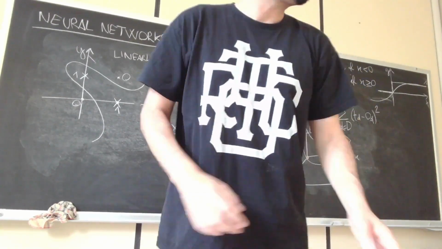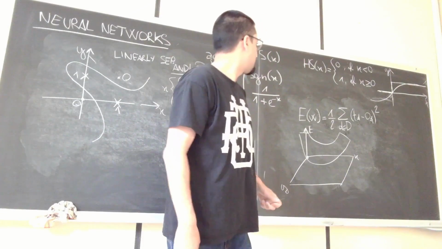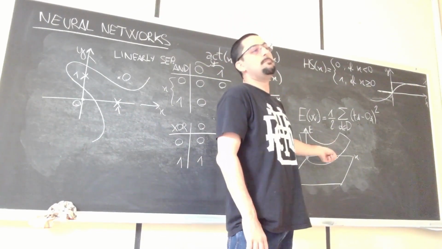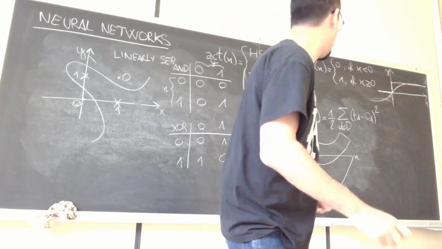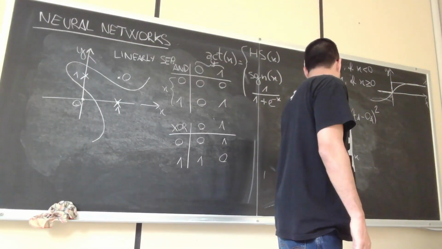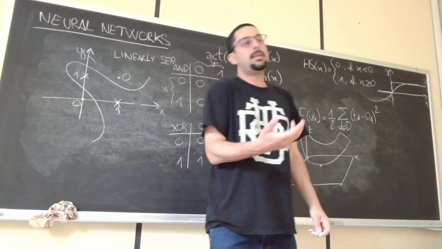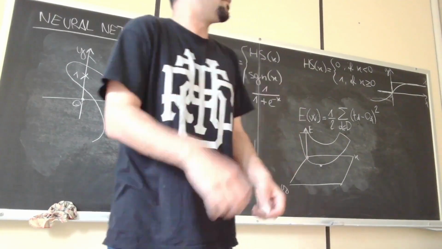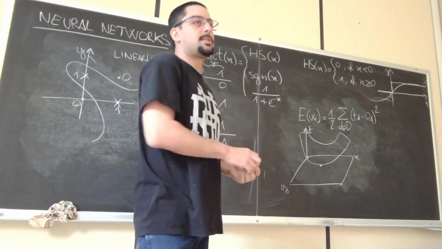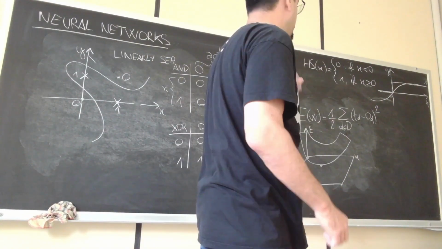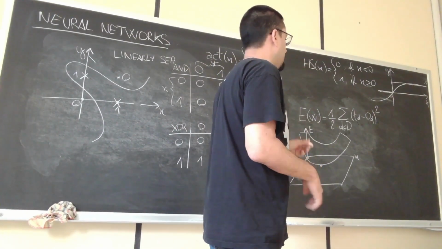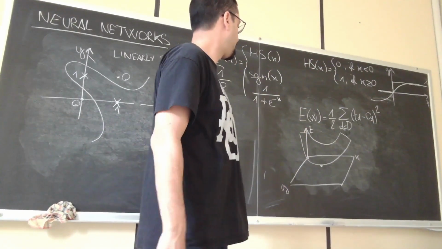Since it is a parabolic surface, it's quite easy to converge to the minimum of this function. This point here, for example, will minimize the error, and thus it will provide the best possible approximation of the function that we are trying to learn with our perceptron.